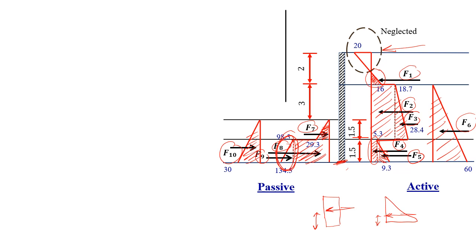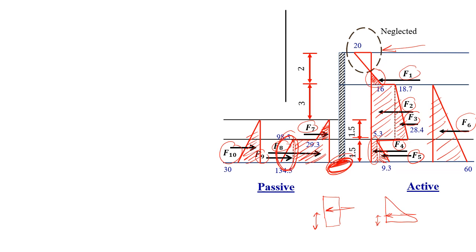And you will compute all of them by just calculating the area of the corresponding rectangle or the corresponding triangle. And you can, of course, calculate the arm of each force away from the base of the retaining wall.